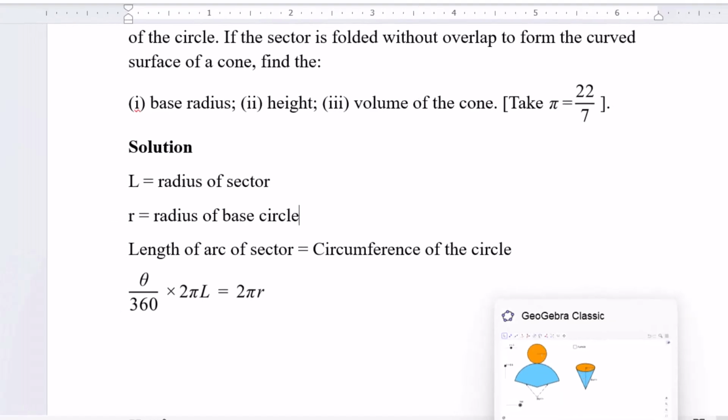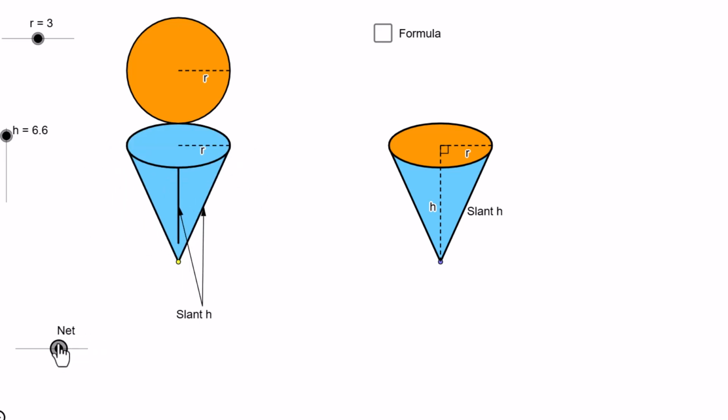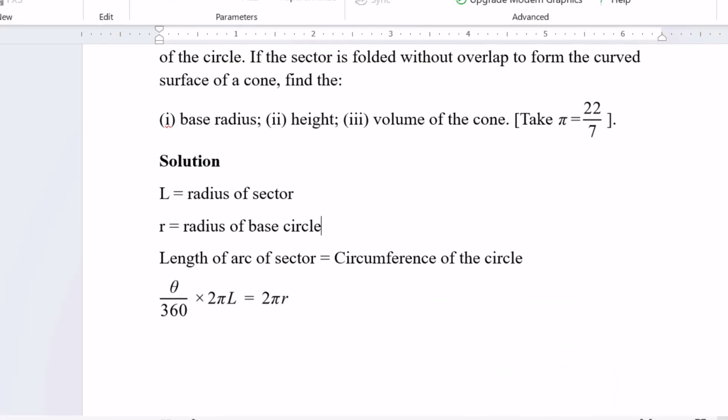Let's see the applet. So this is the base circle, you can see. I'm using small r as the radius of this base circle. Then you can see the slant height, which forms the radius of the sector. I'm using L to represent the radius of the sector, so that we will not have some confusion when we are solving or substituting.